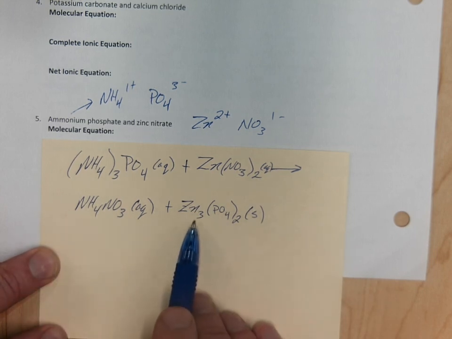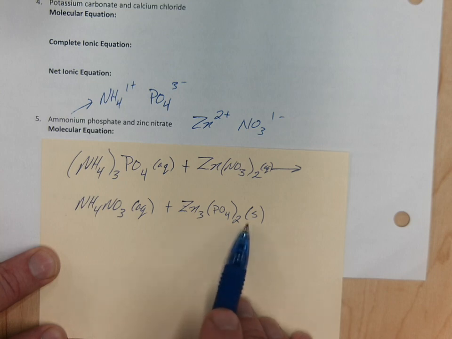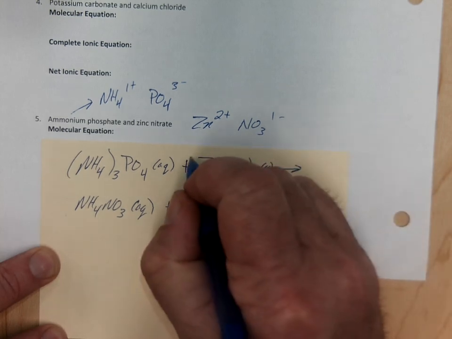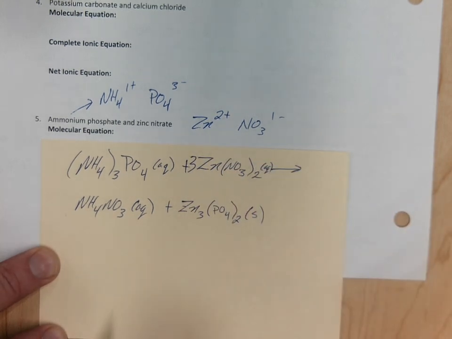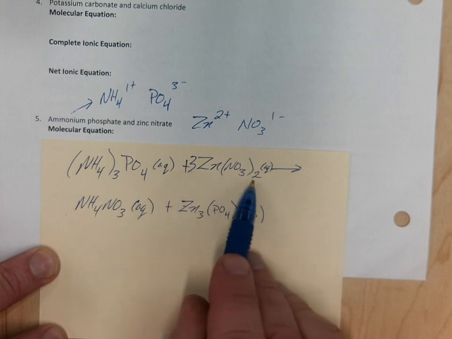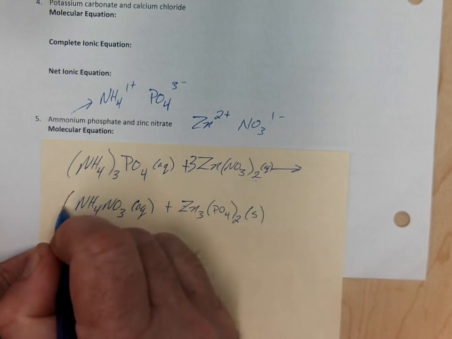Here, though, you've got 3 zinc, so maybe start by balancing the zinc on the reactant side and put a 3 in front of the zinc. That then gives you 6 nitrates overall, 3 times 2, so you end up putting a 6 here.